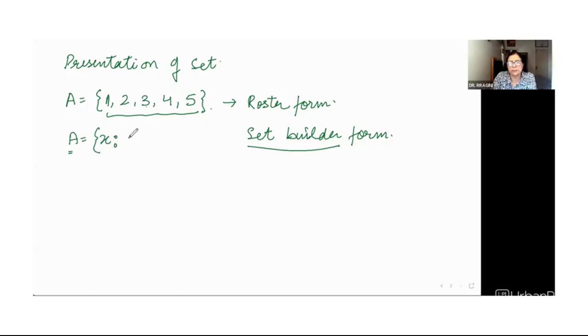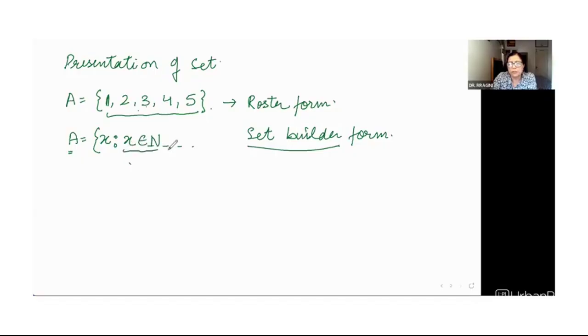X is such that X is what? Now here we have to mention the property. So how can we relate them? These are natural numbers which are less than or equal to 5, right? So X is such that, here we have three things to denote. First of all, it is X belongs to natural numbers.